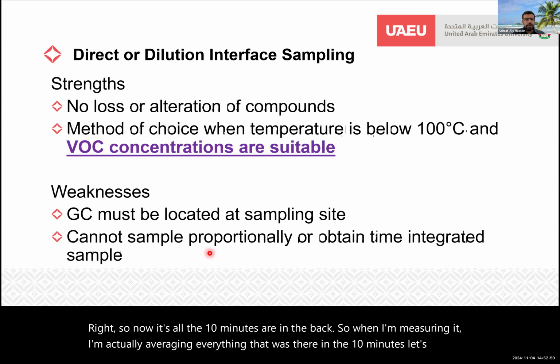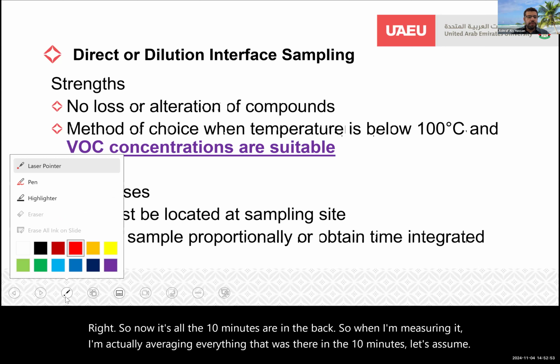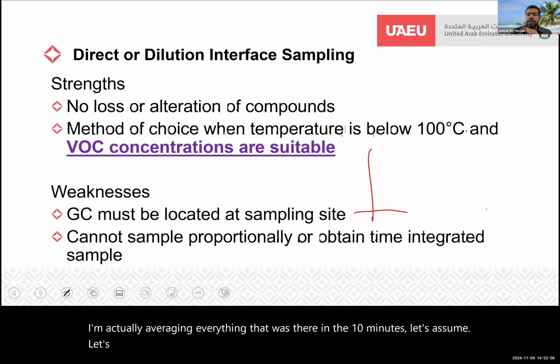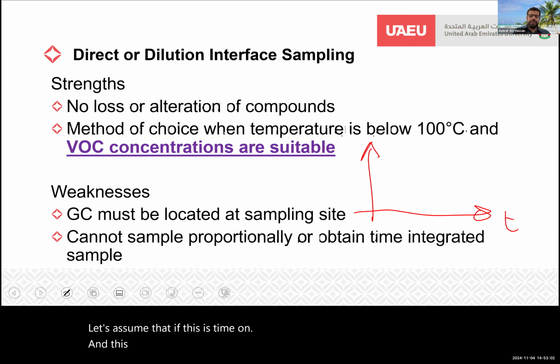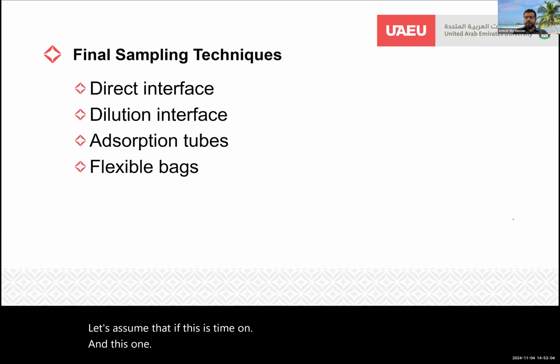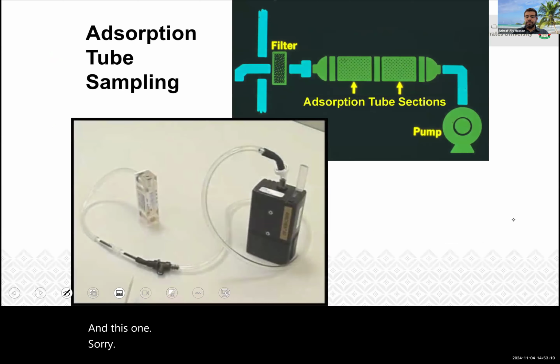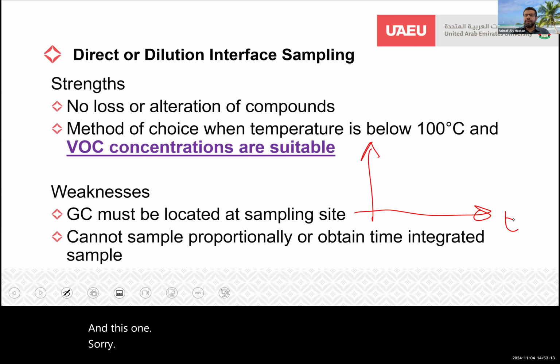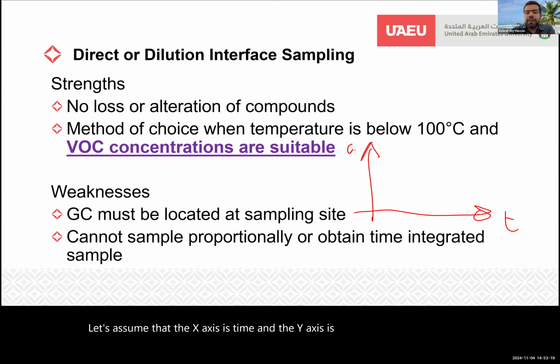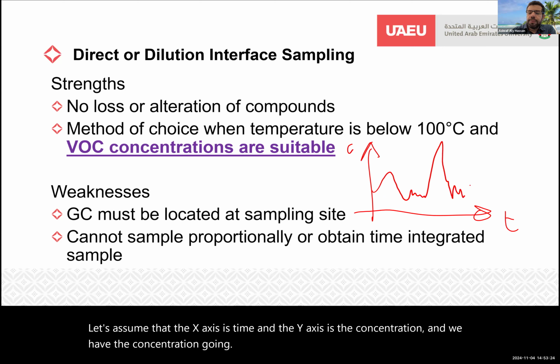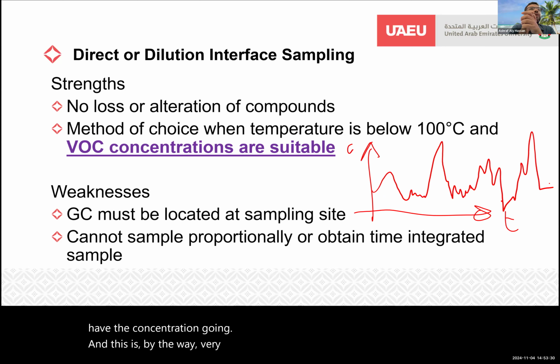Let's assume that the x-axis is time and the y-axis is the concentration, and we have the concentration going, and this is, by the way, very typical for a factory.